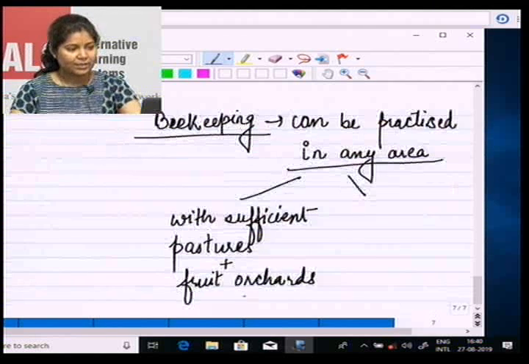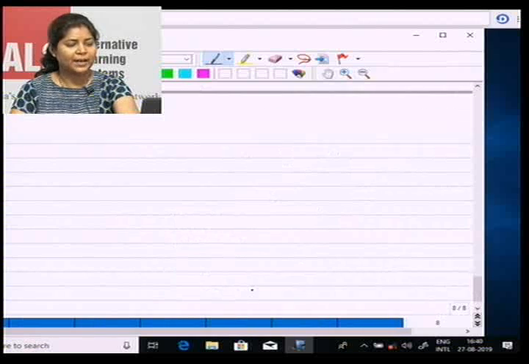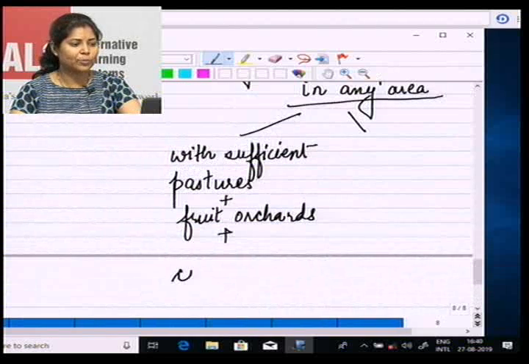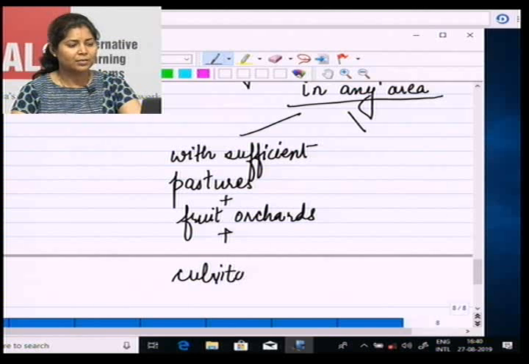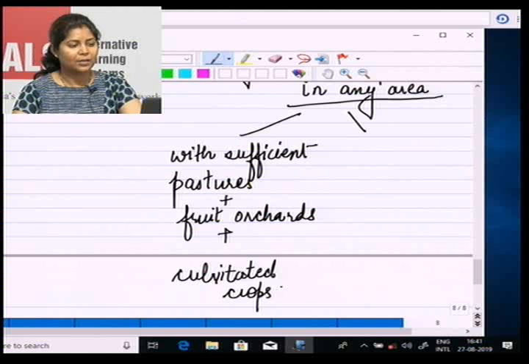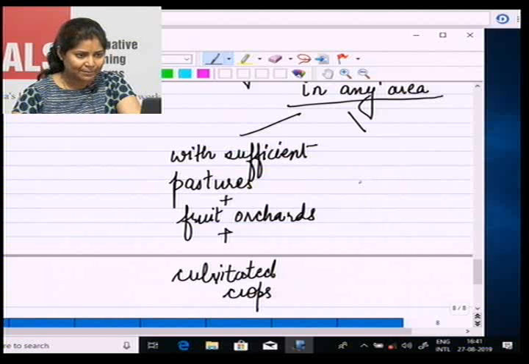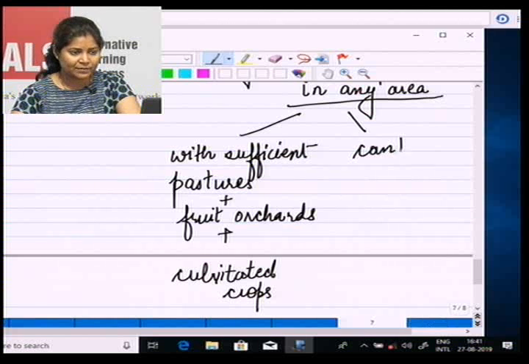You can keep them along any kind of crops that you are cultivating for the season. It can be anything, cultivated crops like maize, mustard, any kind of thing. Okay, and then it can be kept where?